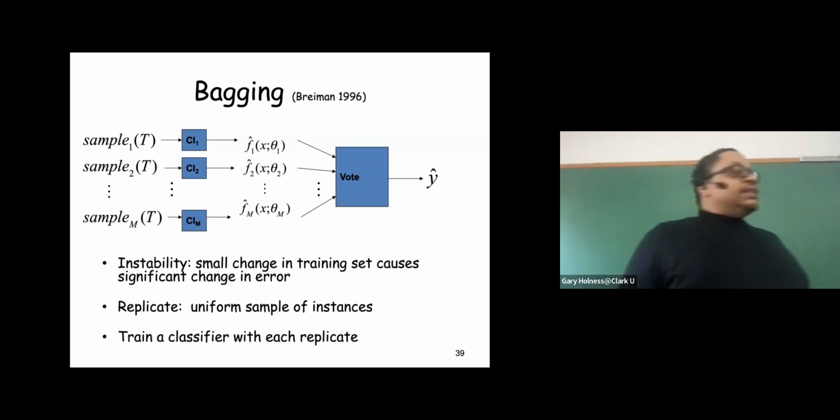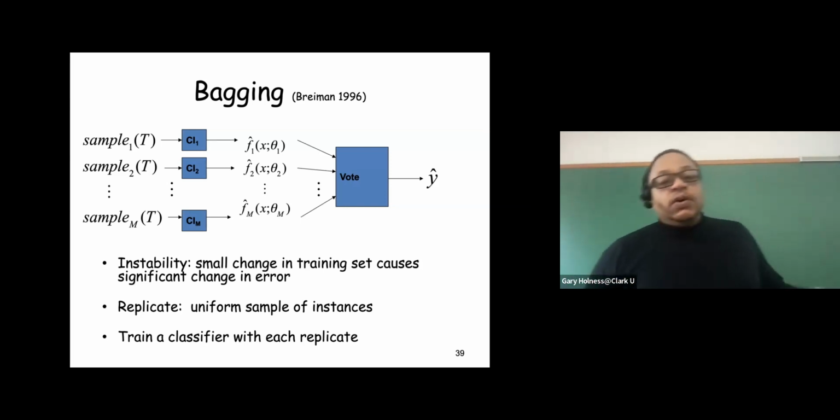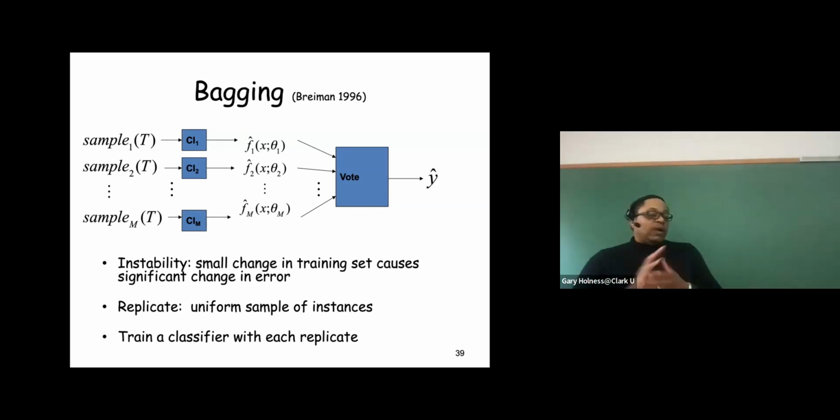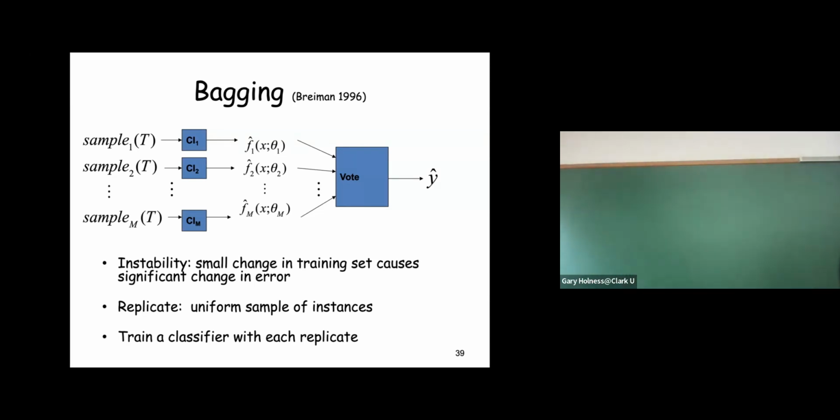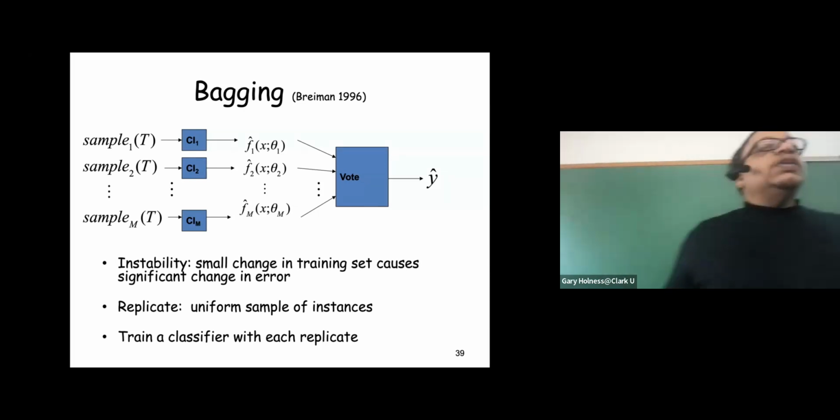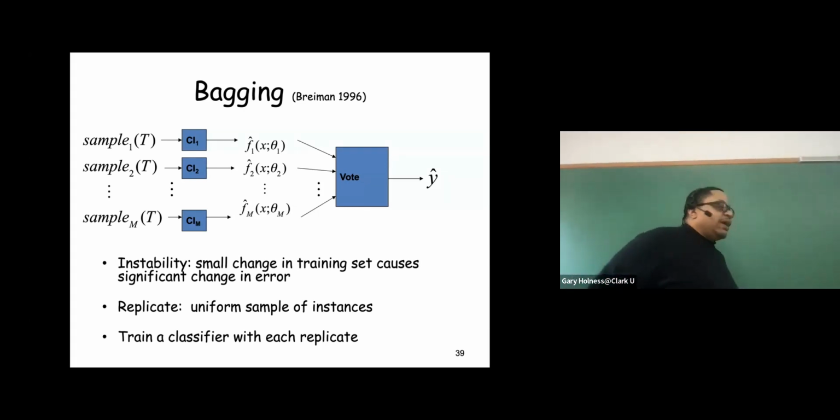Okay. Any questions? And so in bootstrap aggregation, or Breiman's bagging, this instability is an assumption for your classifier. So it's an axiom, it has to be true. And you start out with what's called a replicate. So uniform at random with replacement, you're going to subsample your training set, producing a so-called replicate.